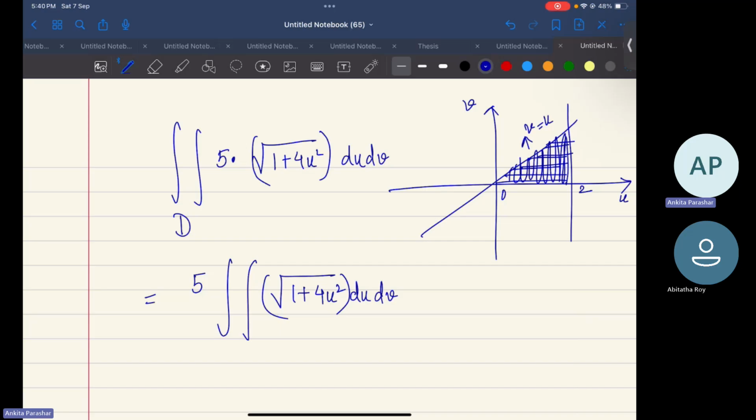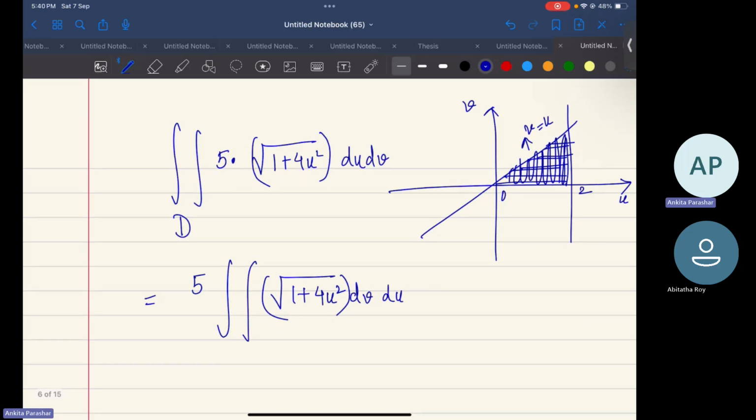Okay, let's write the limits first. I'll write dv first and du later. This region is of type 1 as well as type 2, so we will see it this way.